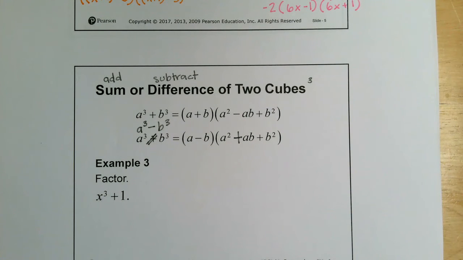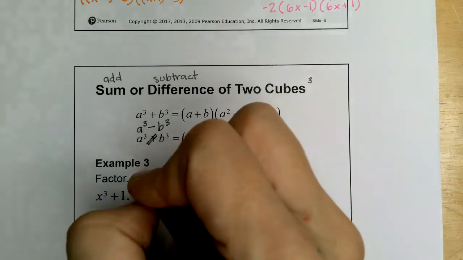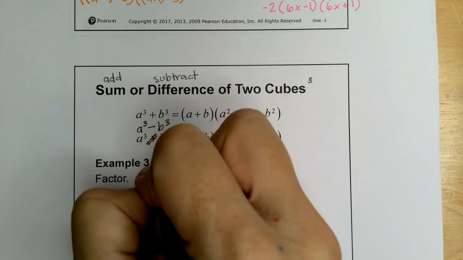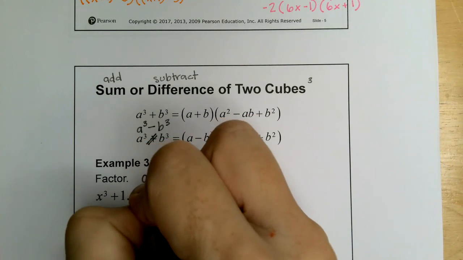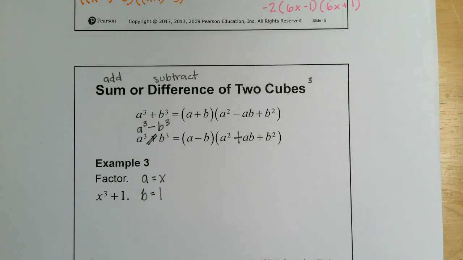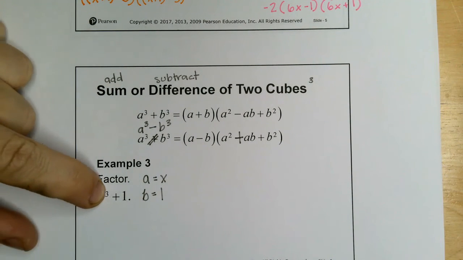So for example, factor x to the third plus 1. The first term, x to the third, is the cube of x. The second term, 1, is the cube of 1. So we're going to say a is x, b is 1. Okay. The sum of two cubes, because it's addition, right?